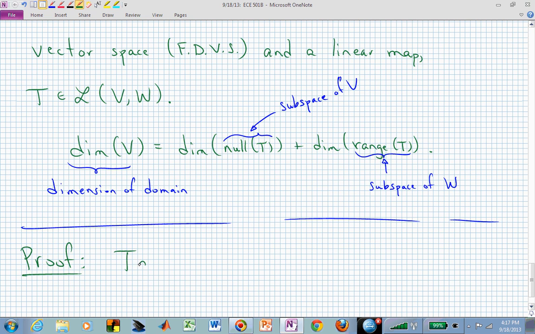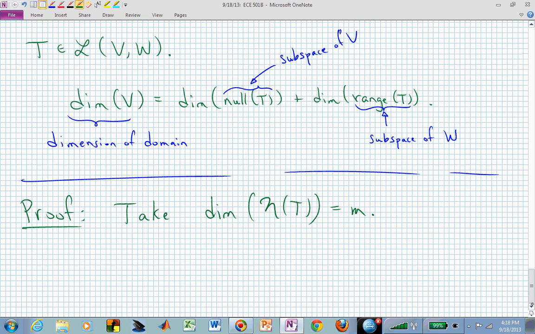So let's just take the dimension of the null space of T to be M. Once we have that fixed number M, then we can fill that up with a basis, a set of vectors that will span the null space of T. Now there is a basis, let's say U1, U2, and so on, and that basis can only be M vectors big.